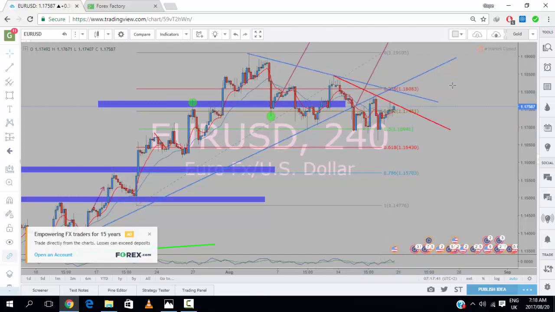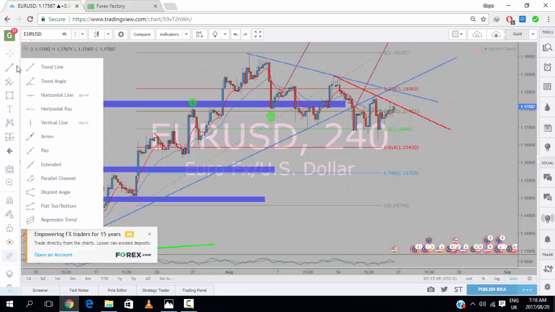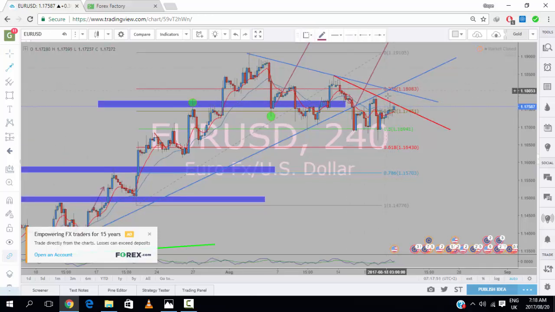Okay, so if at all we break this red trend line going up, then I can expect price movement to be this way, from here to there, and then retest, and then we out, right?